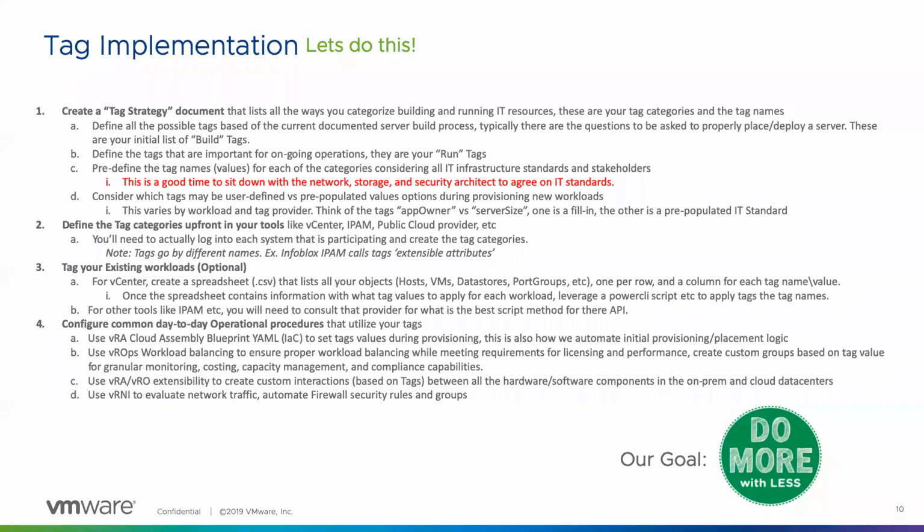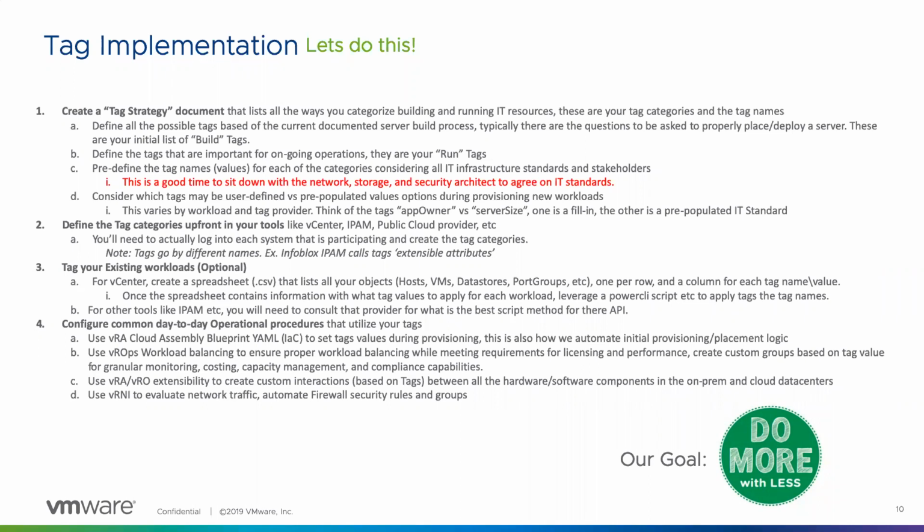Going down to number 3 there, you might want to also tag your existing workloads. We definitely think it's a good place to start with defining your tag strategy for building net new workloads. But additionally, you may want to go back and tag those existing machines that are in vCenter.